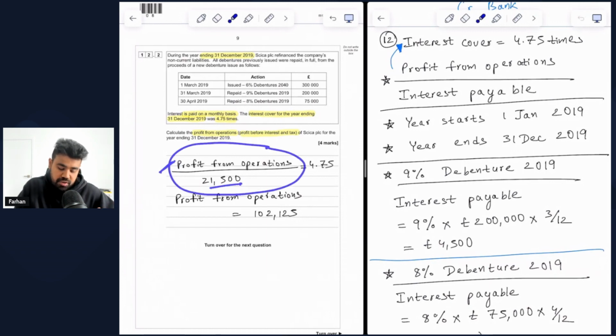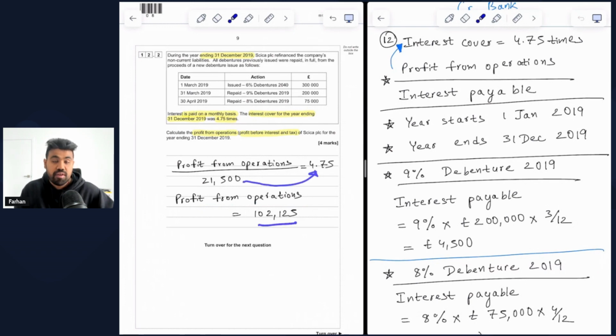Profit from operations divided by interest payable, which is replaced with 21,500, must equal 4.75, which is the interest coverage. Then you just use algebra and you will see that profit from operations can be calculated by multiplying 21,500 with 4.75, and you should arrive at £102,125.